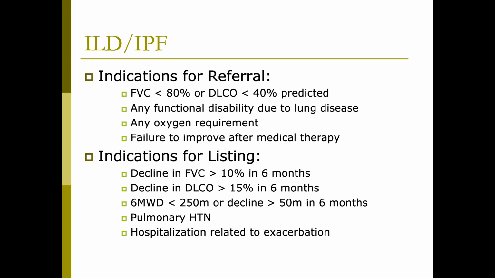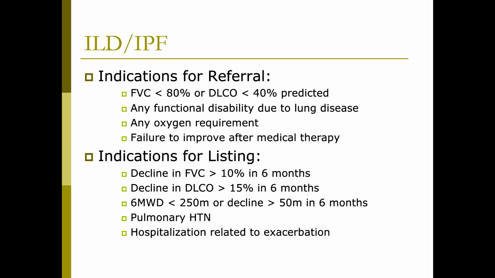Then indications for listing for transplantation: decline in FVC greater than 10% in 6 months, or similarly decline in DLCO greater than 15% in 6 months, decline in 6-minute walk distance to 250 meters total, or decline of more than 50 meters in 6 months, and so on.